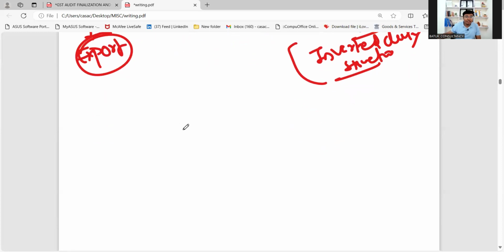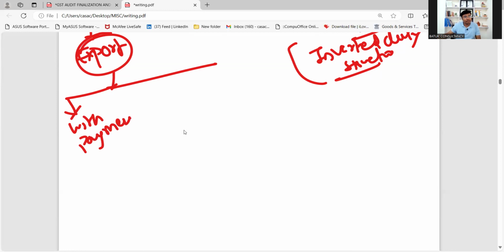Okay. In case of export, there will be two scenarios for claiming the refund. One is with payment, another is without payment.